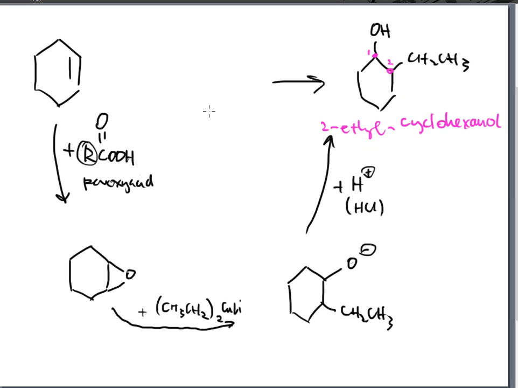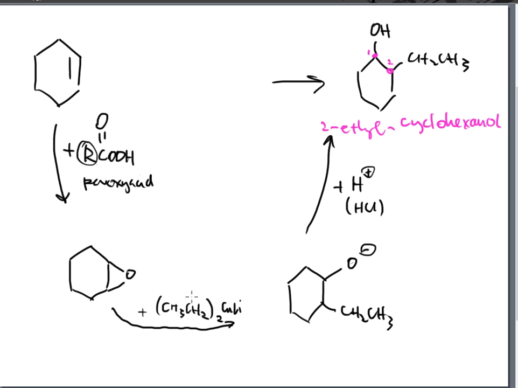So let's talk organic. Let's use our words. I've started with cyclohexene. I've taken cyclohexene and I've reacted it with a peroxy acid such as MCPBA. This peroxy acid will attack the double bond, and those sp2 carbons of the double bond will be destroyed, and that double bond will form an epoxide unit. That epoxide unit will then react with a Gilman reagent.